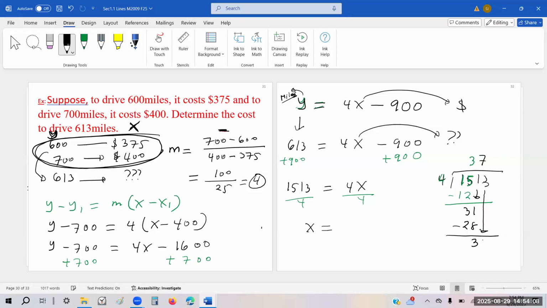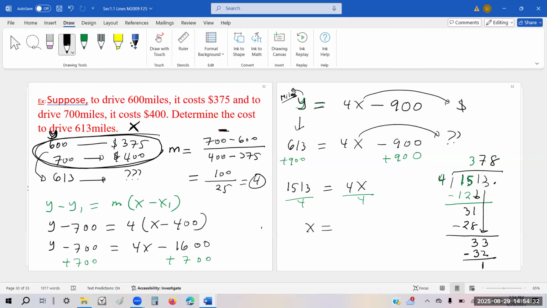So we have another number extra. We bring this down now. We have 33. 4 goes into 33 how many times? 8. 4 times 8 is 32. We get 1. But since we're dealing with money, we have to go to the decimal.